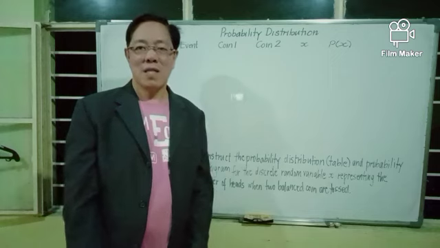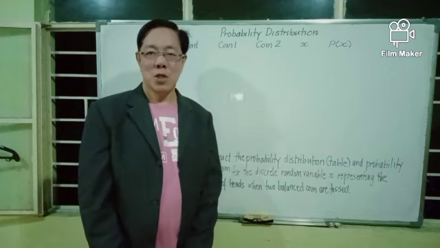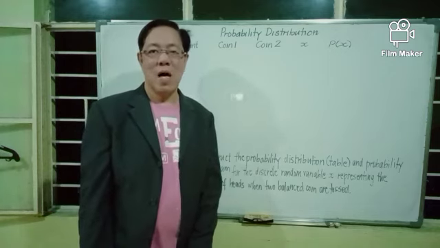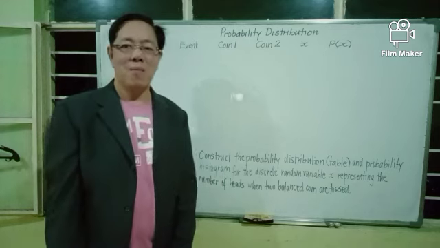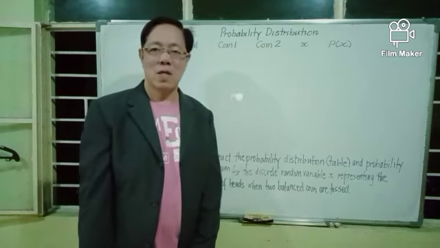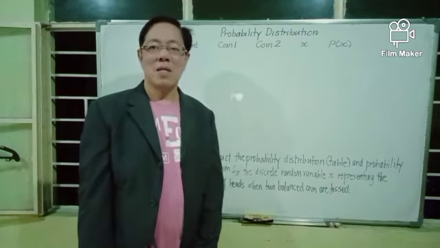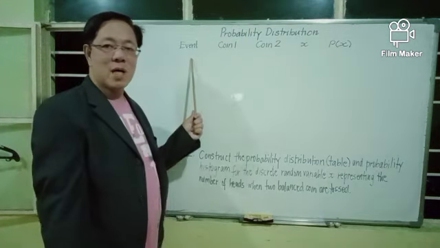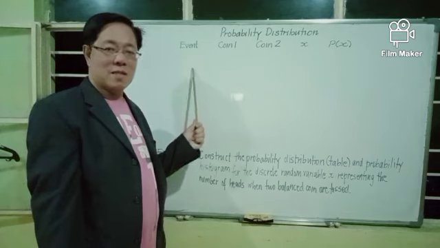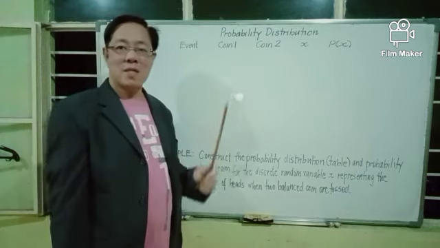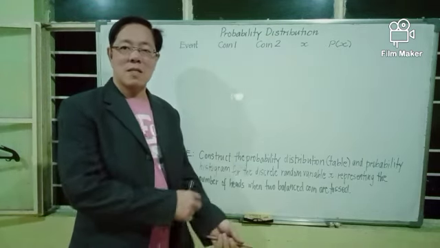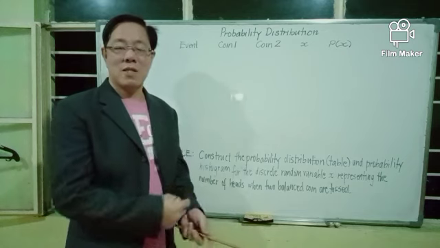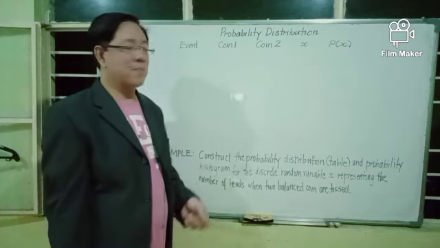We construct a table to display the possible outcomes in the experiment of tossing two balanced coins and their corresponding probabilities. In the first column, we write the events. We represent the events as in Statistics 1 with capital letters E with a subscript.